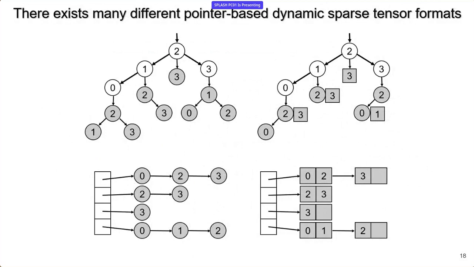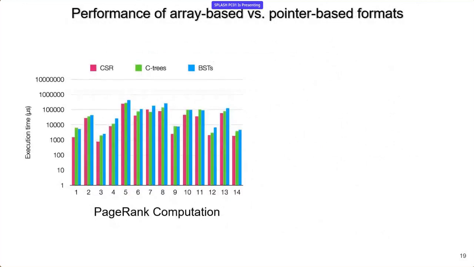So now, if you look at this computation that I showed you before, I have the CSR. If I do a C-tree representation, that's a kind of hybrid between pointers and arrays. You get about 30–40% slower. Even if the gap is small, this is a long time, so it actually matters; it's slower than using CSR. And if you use binary search trees, it's probably 2x slower than that.